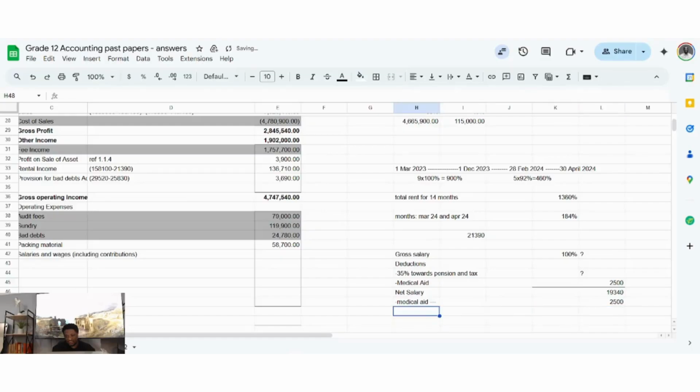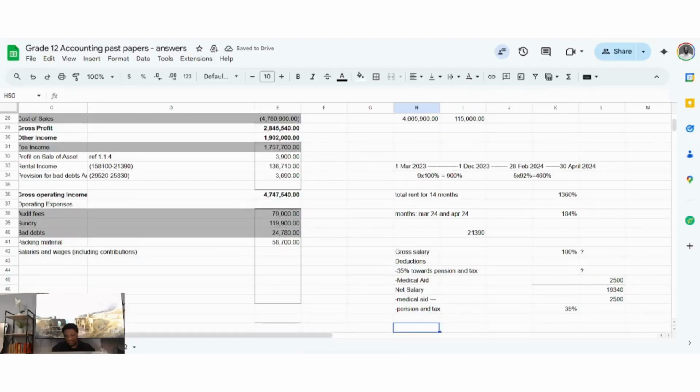And then the other thing that we would want to reverse is pension and tax. But pension and tax, we can't really put a rand amount there, but we know that it is 35%.